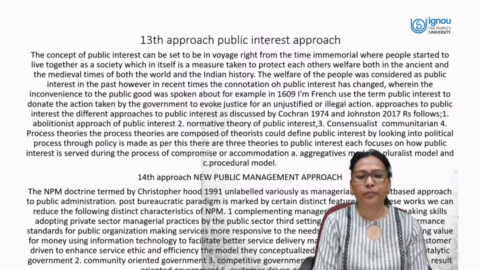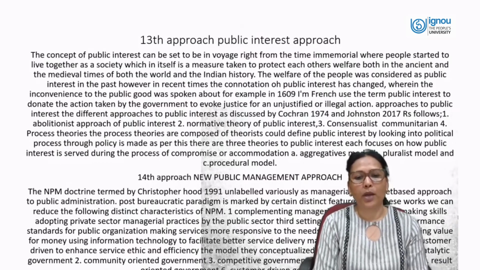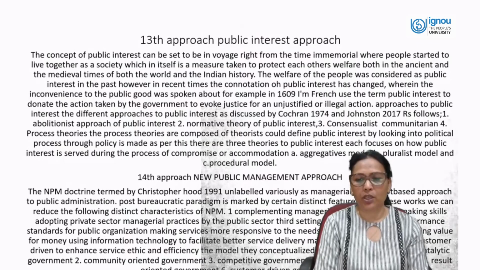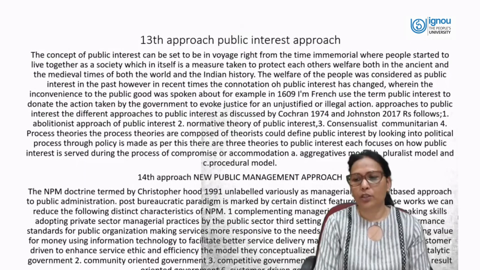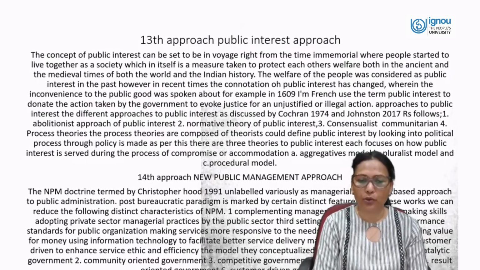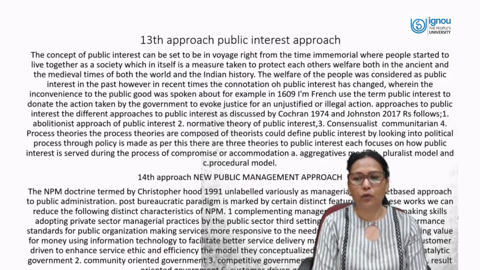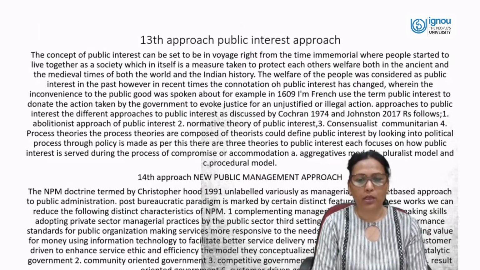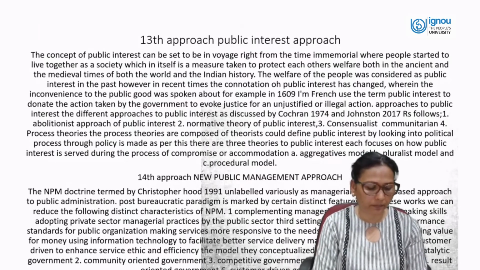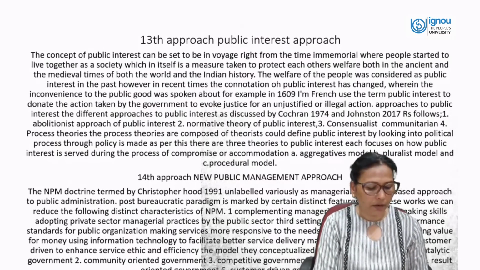According to this, there are three theories of public interest, each focusing on how public interest is served during the process of compromise or accommodation. First was the aggregative model, second was the pluralist model, and third was the procedural model. So these were the three models which focus on how public interest is served during the process of compromise or accommodation. That was the public interest approach.